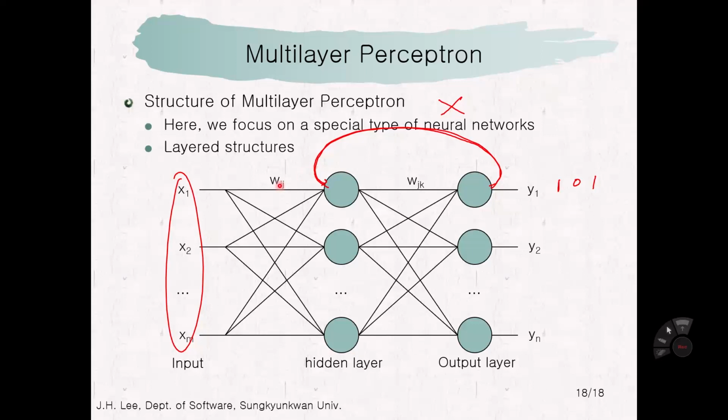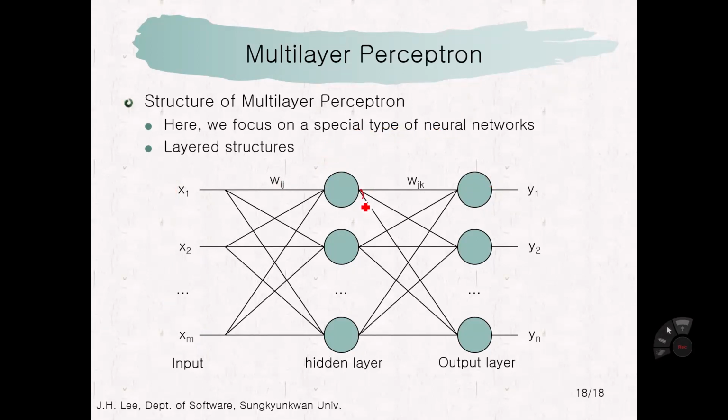Without this one, you may use any connections. The layered structure is not important at all. You may connect this, yes or no? Yes, it's possible. Why? There is no loop. Then what about that? You may put down this. But here, let's put down another connection.